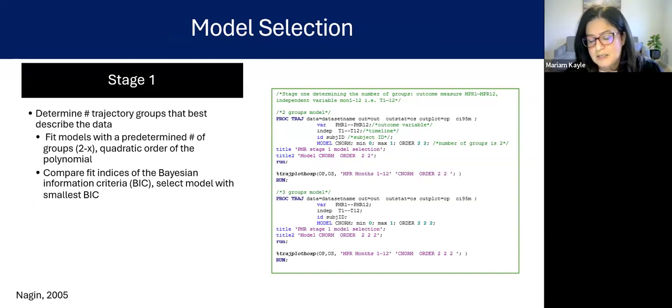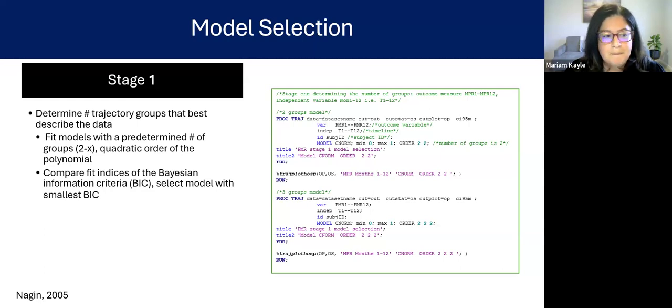As I mentioned, the trajectory groups emerge from the data. They are not pre-imposed a priori on the data. And so the modeling takes place by running multiple iterations using multiple groups, anywhere from 2 groups to 6, 7 groups. I usually use my clinical judgment to think what I would expect of the data, and usually run about 2 to 5 or 6 groups.